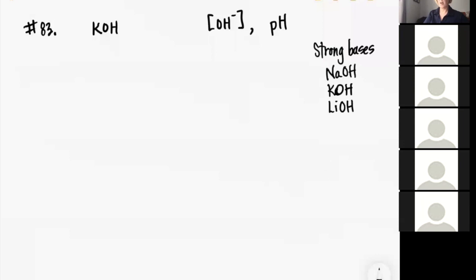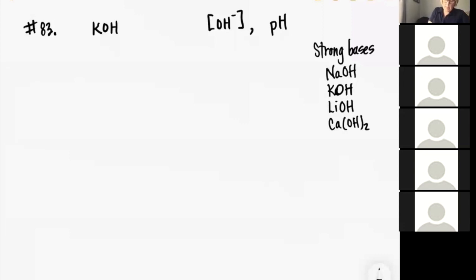So notice these are all group 1 bases. Calcium hydroxide would also be in the strong base category. So this is a strong base, so we know that there is 100% dissociation. We would say that it's far to the right.